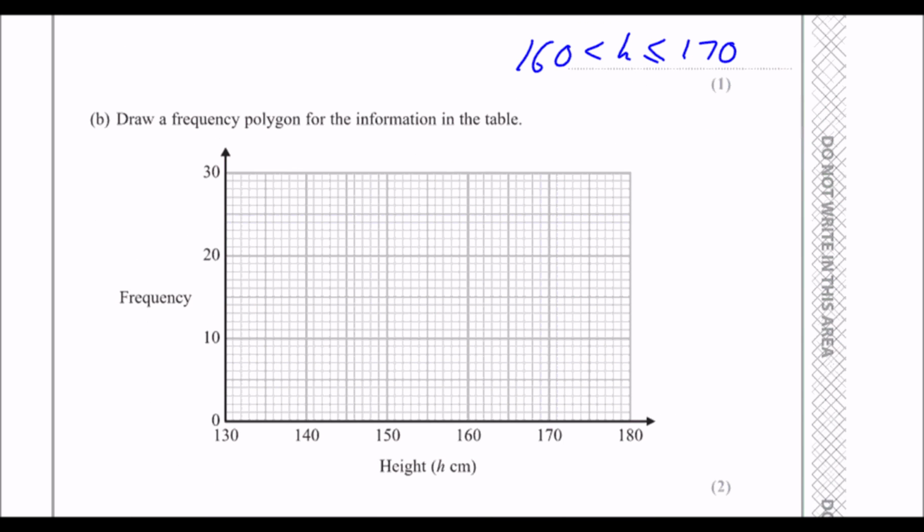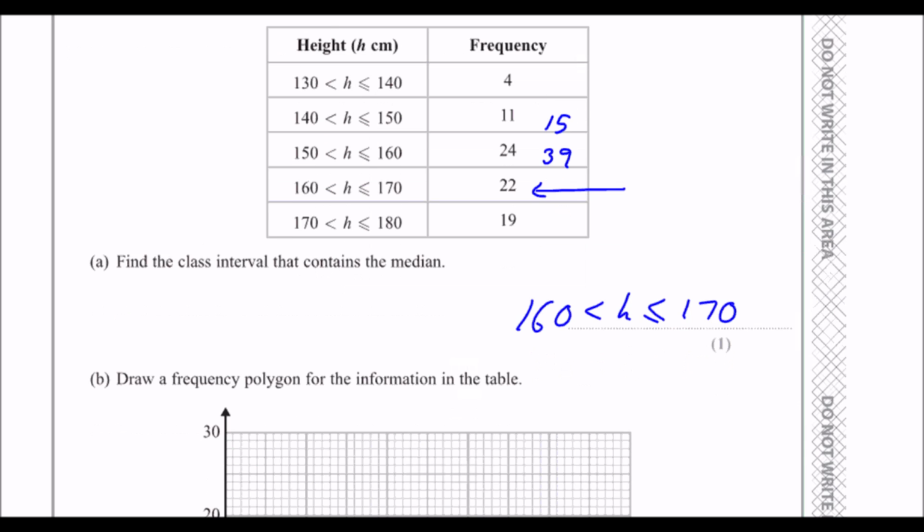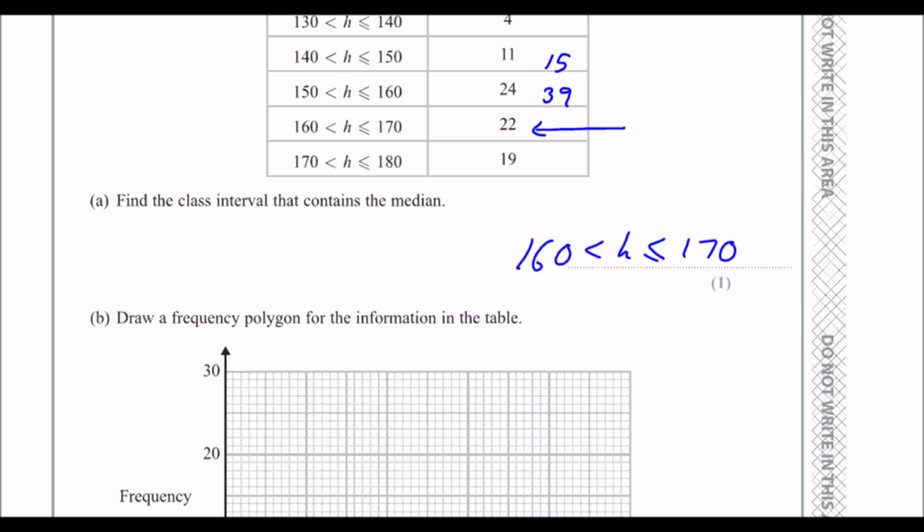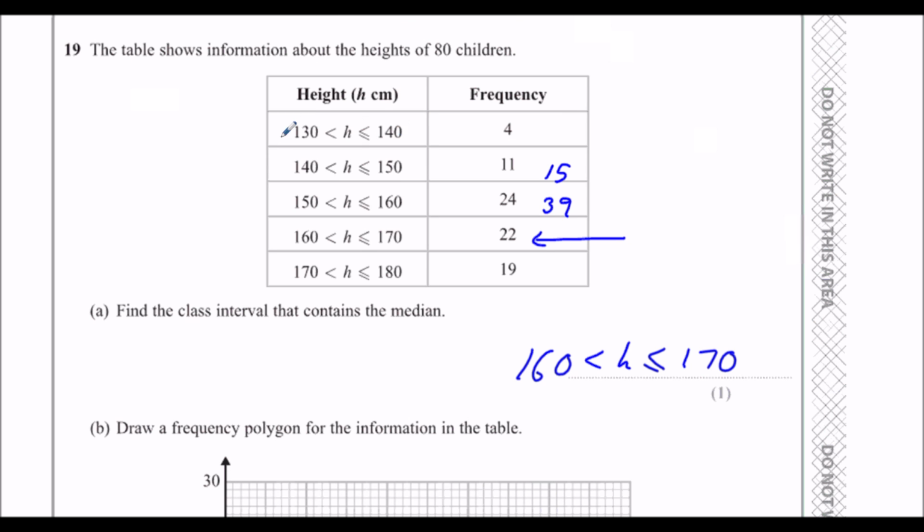Draw a frequency polygon for the information. With a frequency polygon, we plot midpoint against frequency. So the middle of 130 to 140, the middle of 140 to 150, the middle of each of the groups.